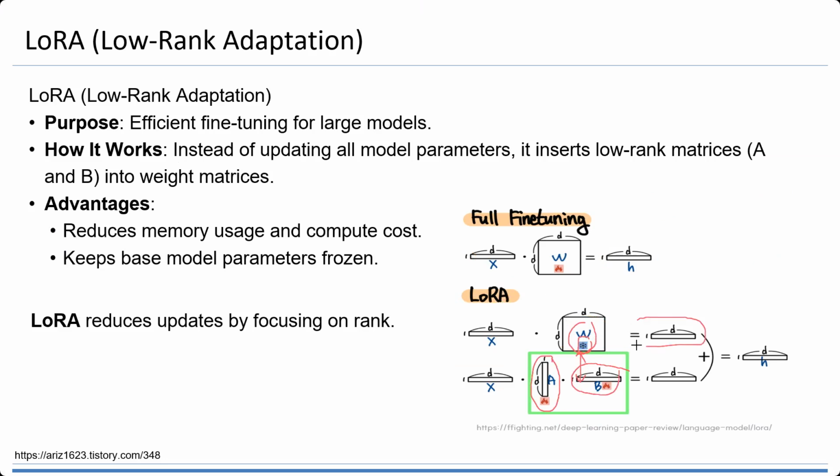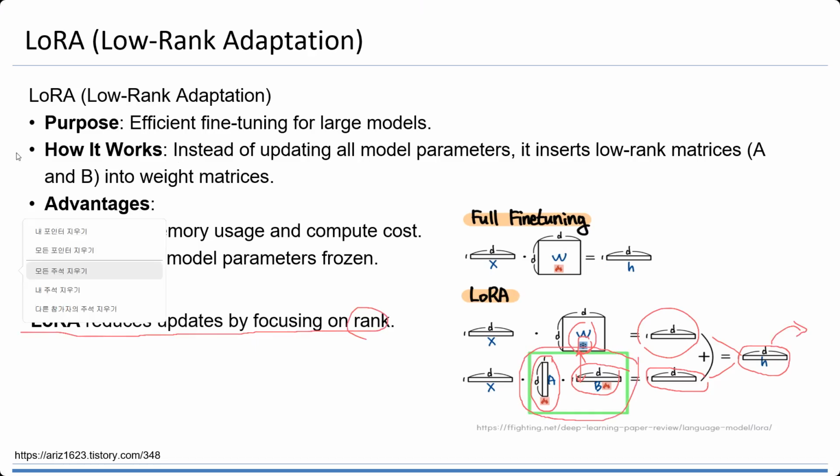So we can produce one matrix and another matrix, and we can use this matrix output for the prediction. So LoRA reduces updates by focusing on rank. So we focus on this green color, we focus on the rank.